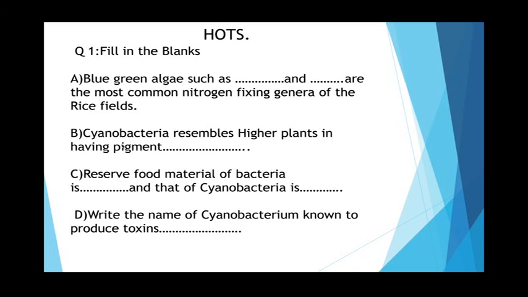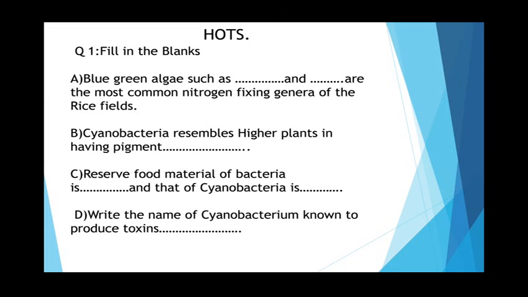Second question, cyanobacteria resemble higher plants in having the pigment. The pigment name is chlorophyll A, because in higher plants chlorophyll A is present, and in case of cyanobacteria chlorophyll A is present. Third question, reserve food material of bacteria is dash and that of cyanobacteria is dash.